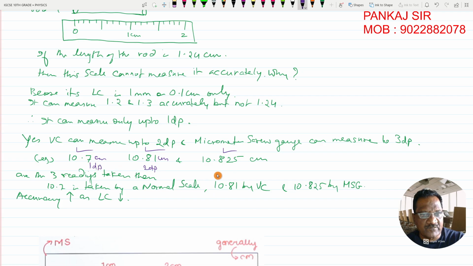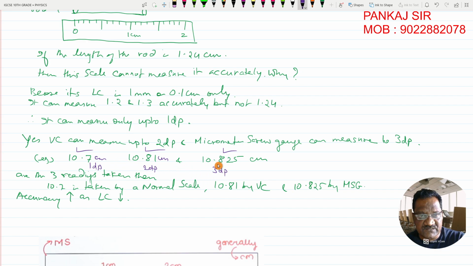And 10.825 is still more accurate compared to even 10.81 because in this 10.825 you find that there are three decimal places. Okay, so whenever the decimal places increase, that indicates that the accuracy has increased. Okay, so it is more accurate.